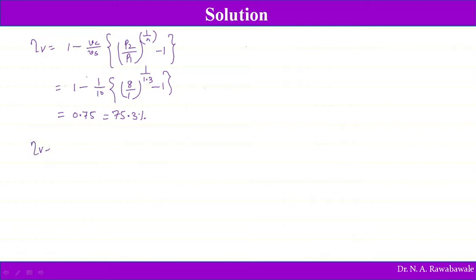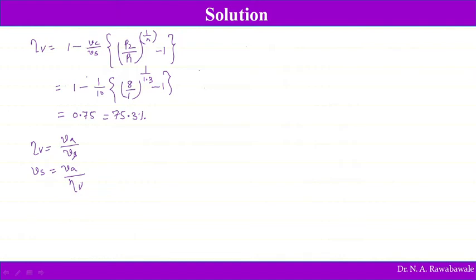Once we know volumetric efficiency, we know volumetric efficiency is equal to Va divided by Vs. Now Vs is equal to Va divided by volumetric efficiency.